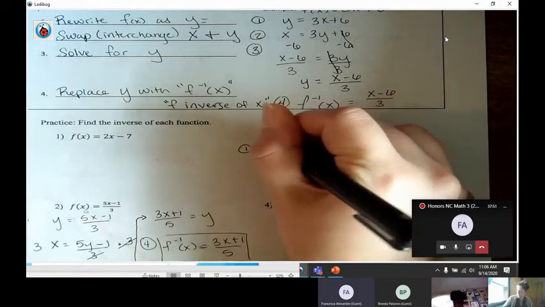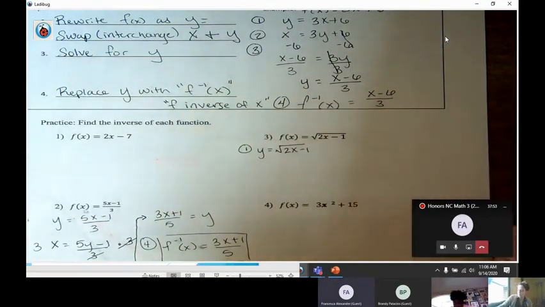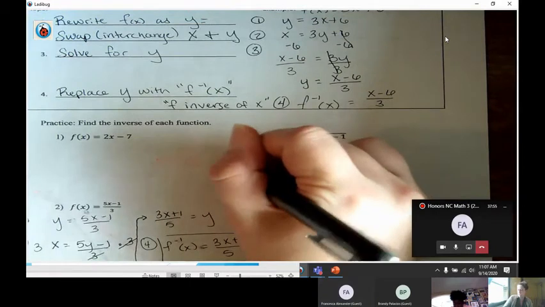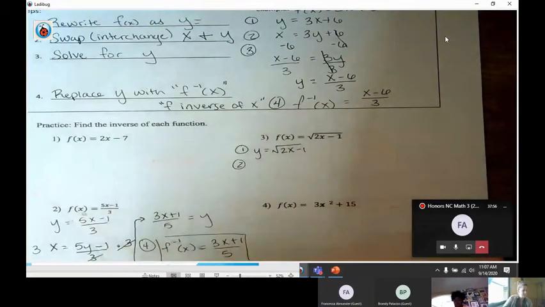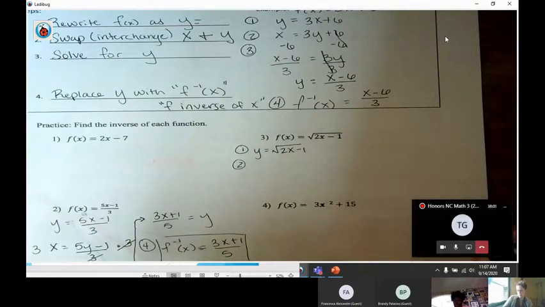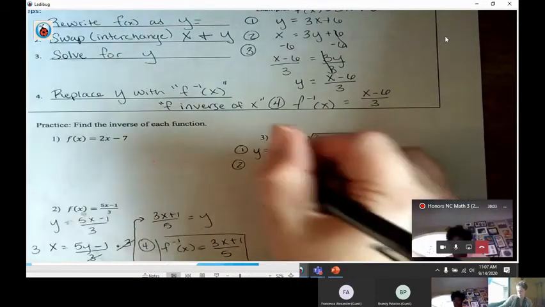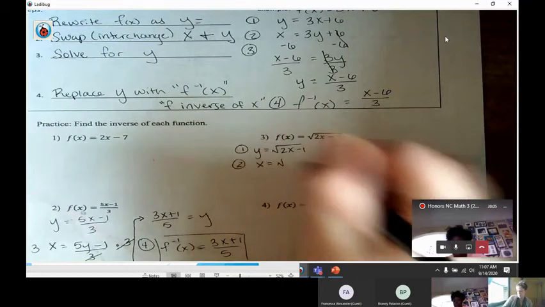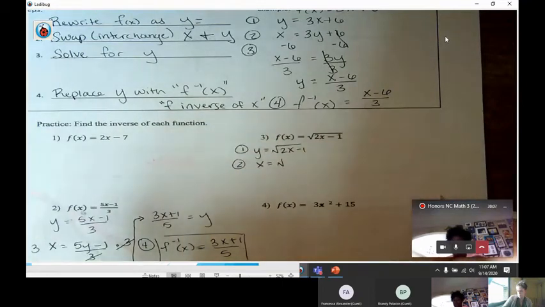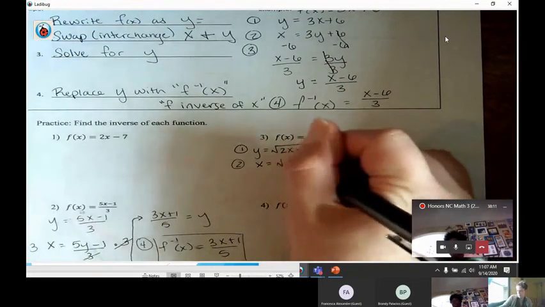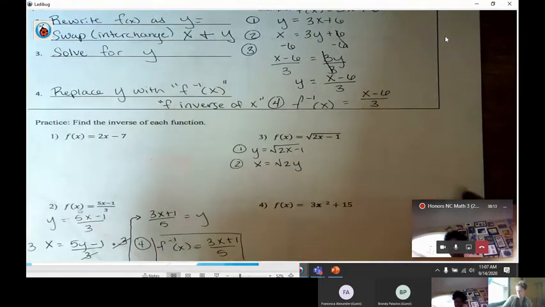Perfect. All right, step 2, we swap x and y. Tanaya, can you tell me what to write? x equals the square root of 2y minus 1. Perfect.